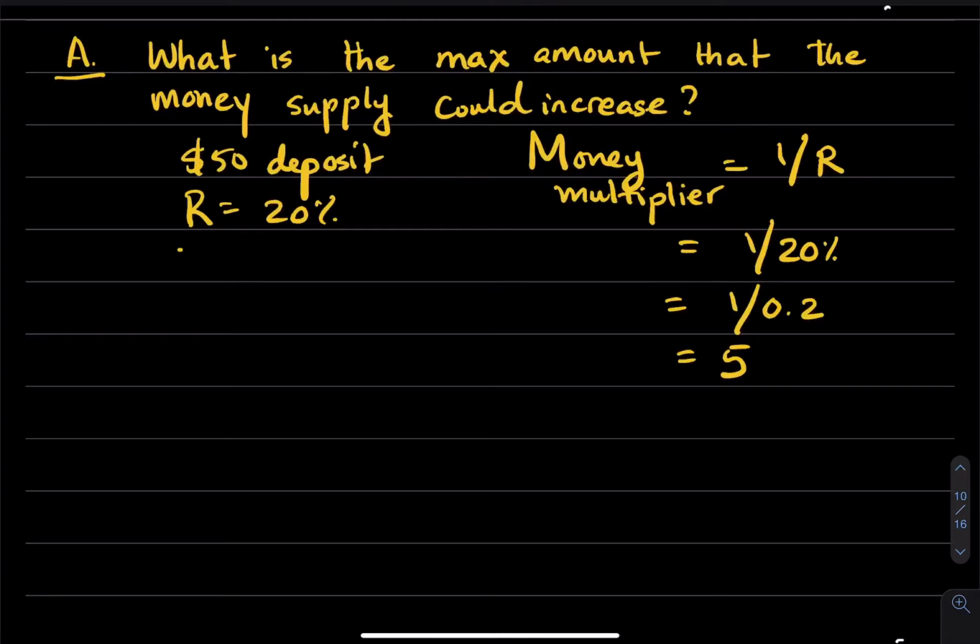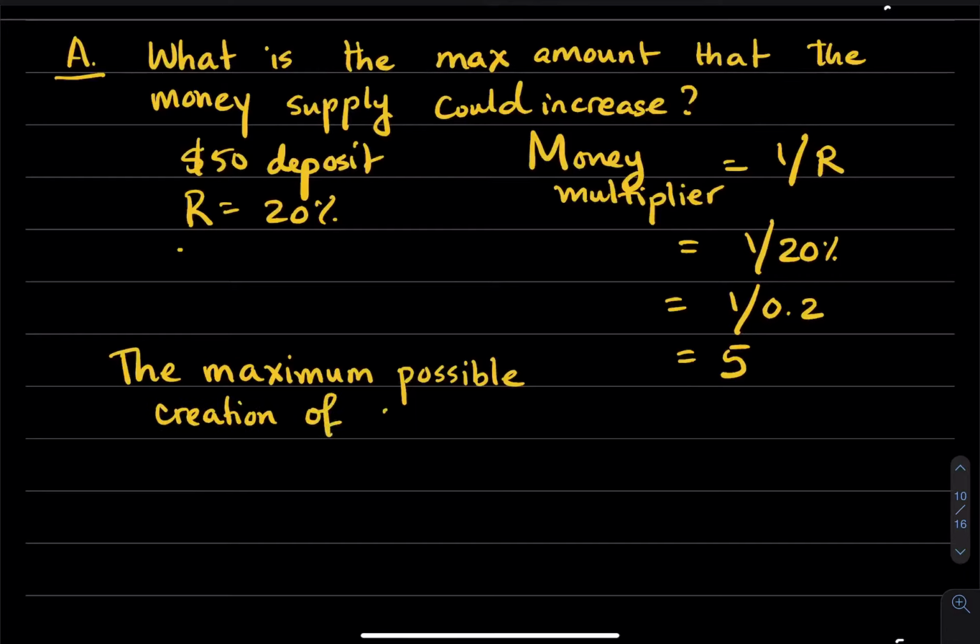Which is to say that if we start with an initial deposit of 50, the maximum possible creation of money is going to be 5 times what we started with.